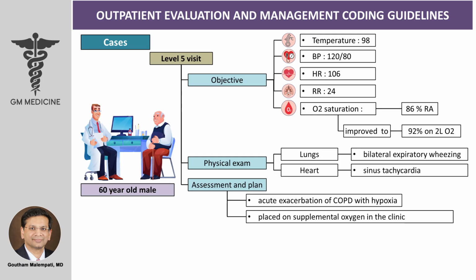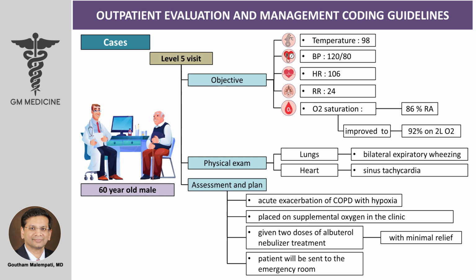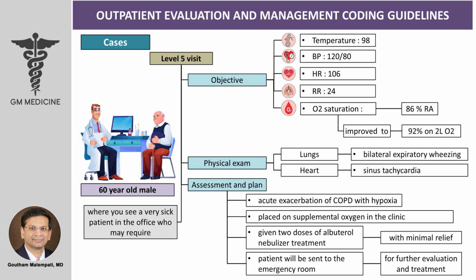Patient was placed on supplemental oxygen in the clinic. He was given 2 doses of albuterol nebulizer treatment with minimal relief. Patient will be sent to the emergency room for further evaluation and treatment. This could be a visit in which you see a very sick patient in the office who may require transfer to the ER and admission to the hospital.